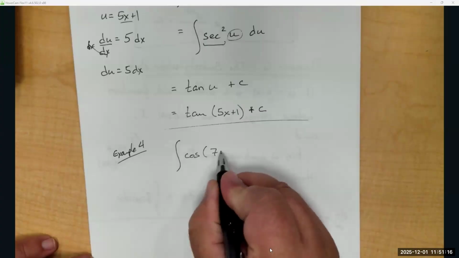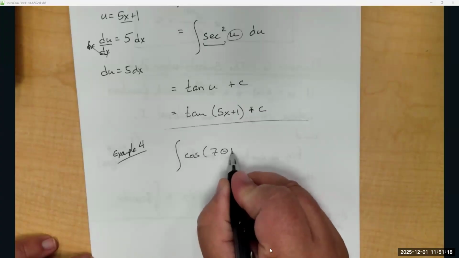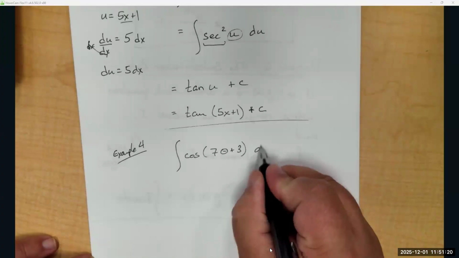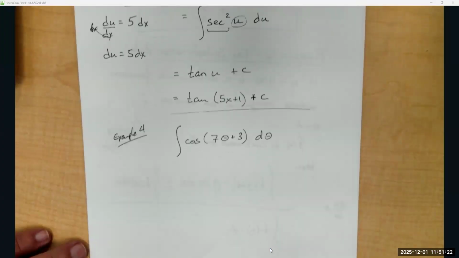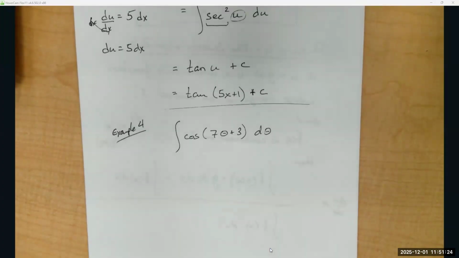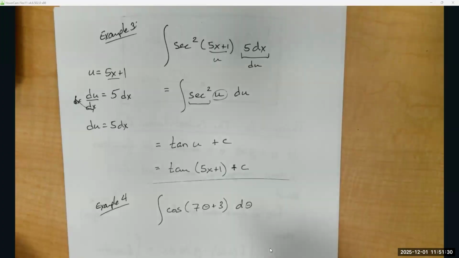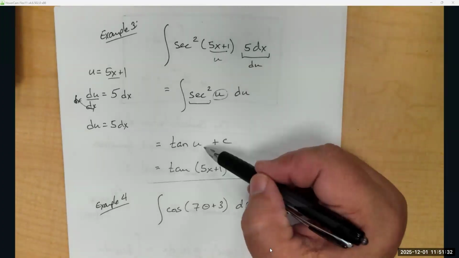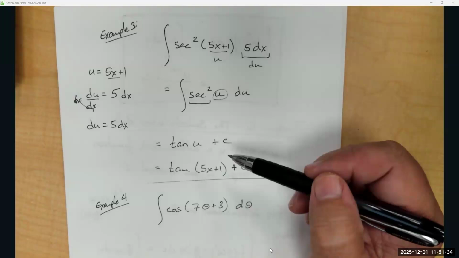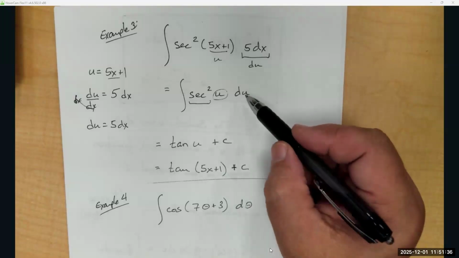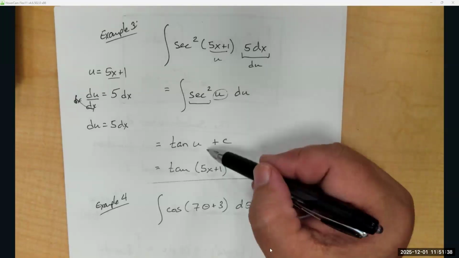Cosine of 7 theta plus 3 d theta. In the last one, we went from secant squared u du, and then it just went to tan u.